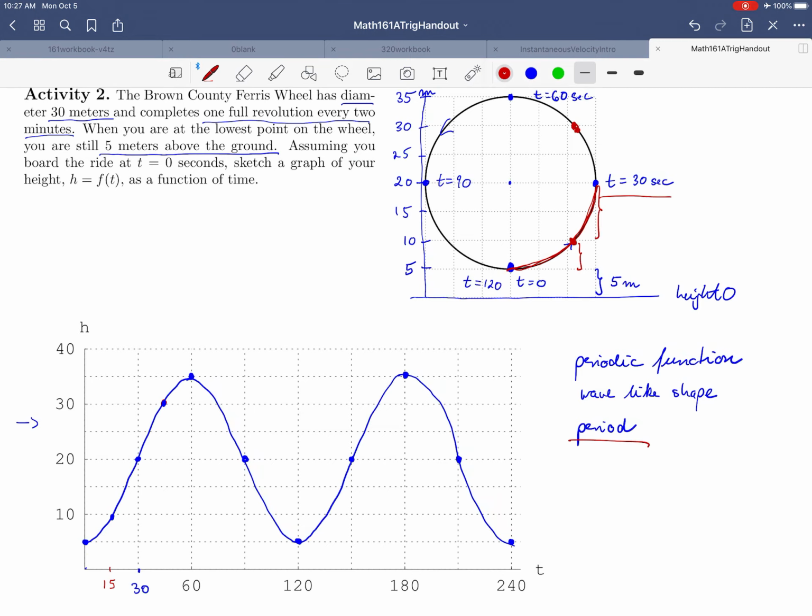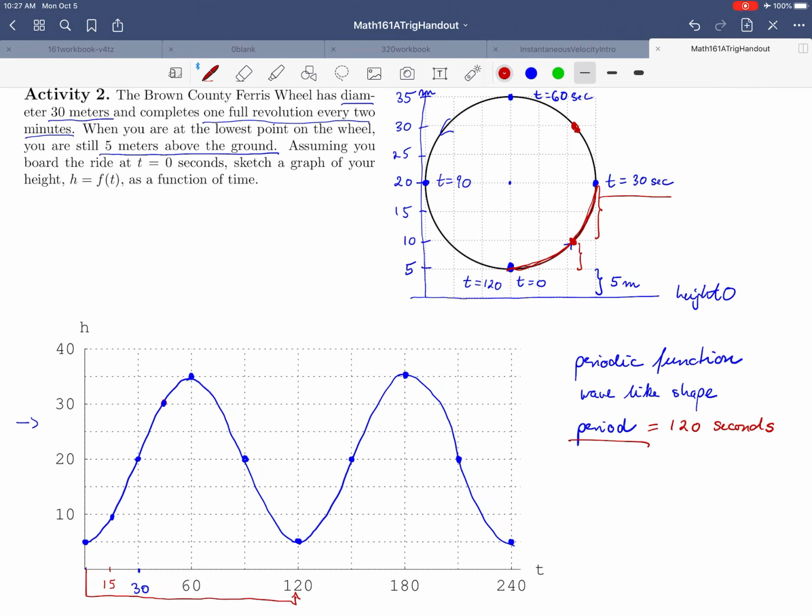So this period is, in our case, the time it takes to complete one full cycle. So it took us from t equals 0 to t equals 120 to go once around the Ferris wheel and to complete one complete cycle of our graph. So in our case, the period is 120 seconds.